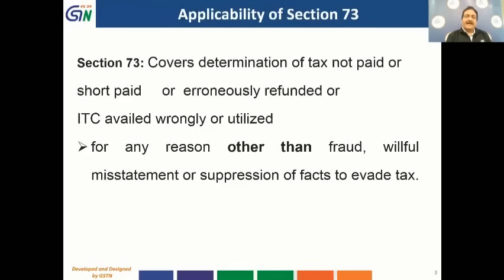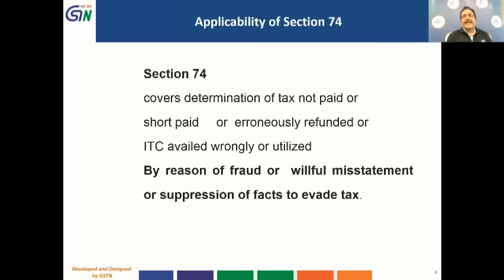So if there are reasons other than fraud, willful misstatement or suppression of facts to evade tax, in such cases the notice will be issued by the tax official invoking the provisions of section 73.